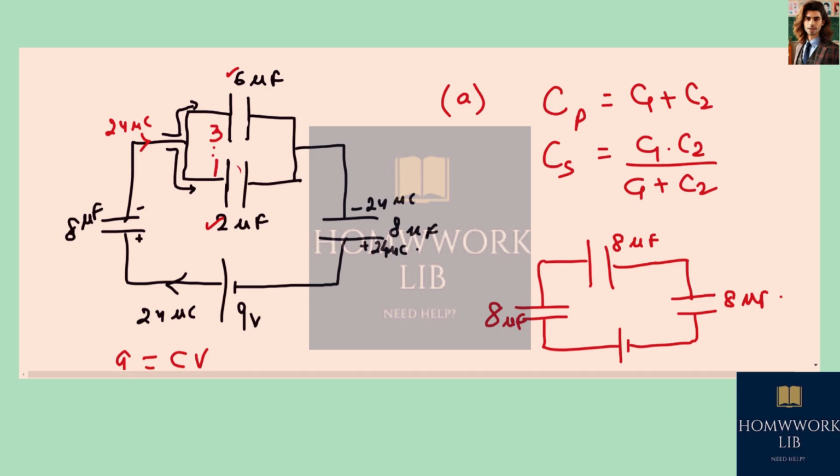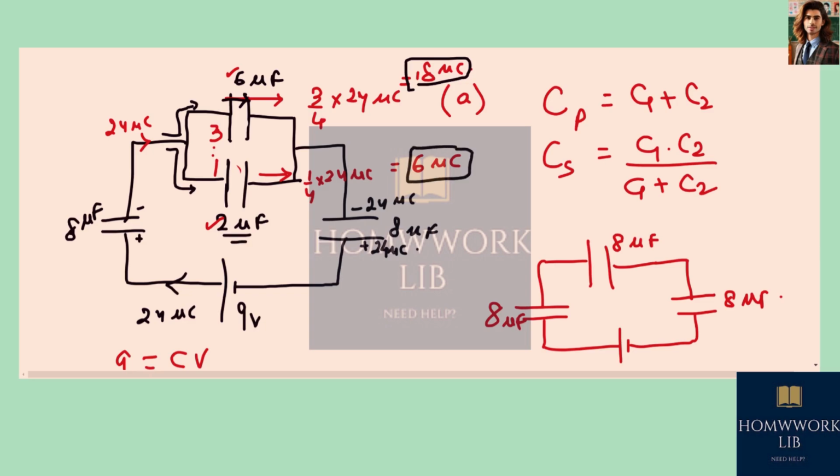So we have to send 3 parts of charge out of 4 from this 24 microcoulomb, and through here 1/4 will only flow. So this will be 6 microcoulomb, and this will be 18 microcoulomb. So we get that the charge through 6 microfarad will be 18 microcoulomb, and charge through this 2 microfarad will be 6 microcoulomb.